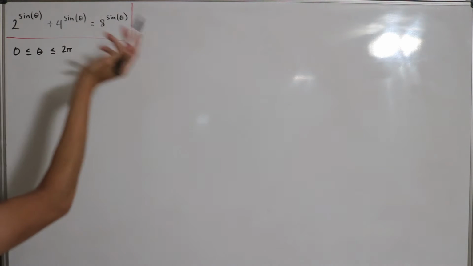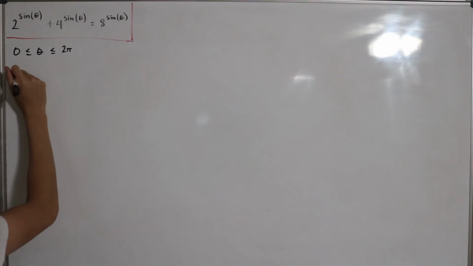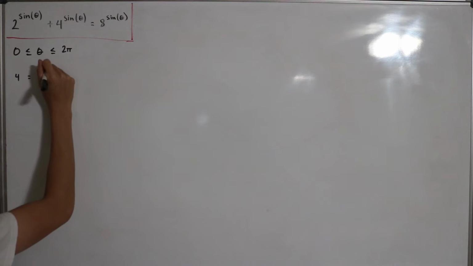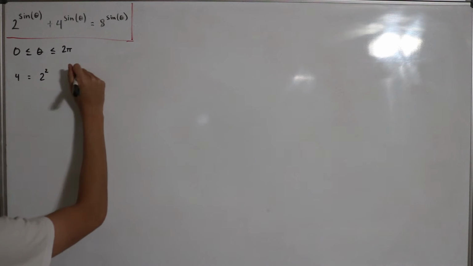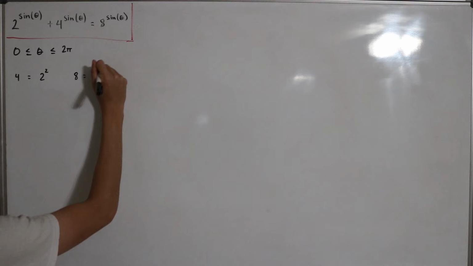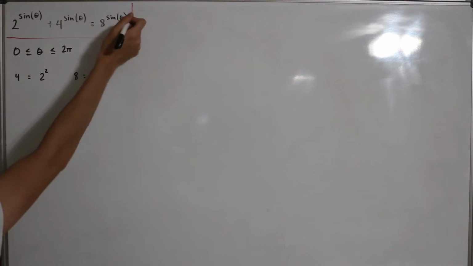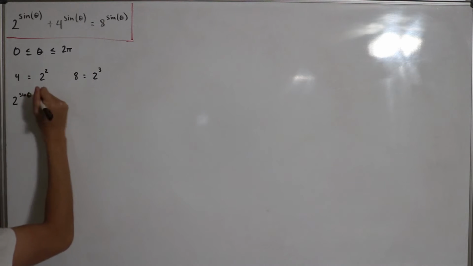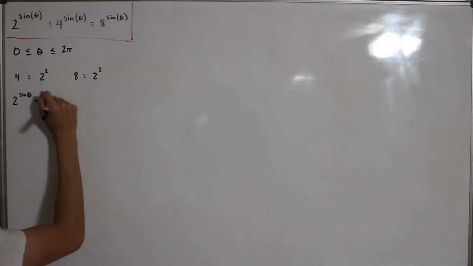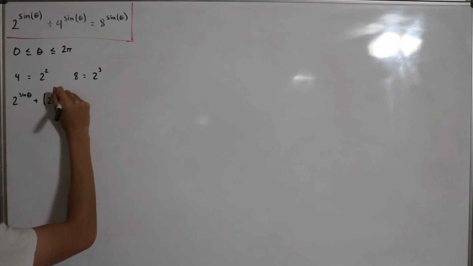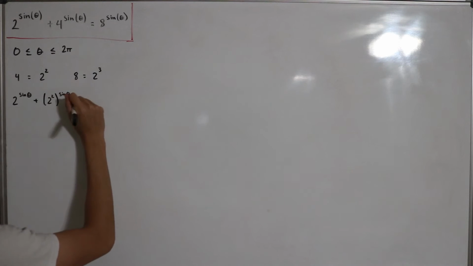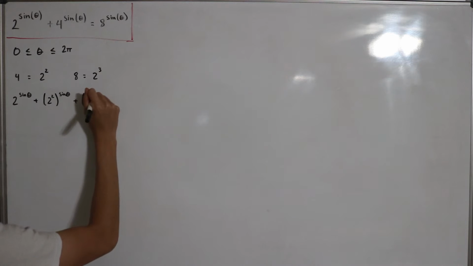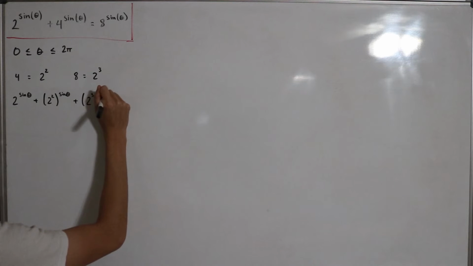So 2 can stay the same, and we know that 4 is equal to 2 squared, and we know that 8 is equal to 2 to the power 3. Now if I substitute everything back in, I'll have 2 to the sine theta, plus 2 squared to the sine theta, equals 2 to the power 3 sine theta.